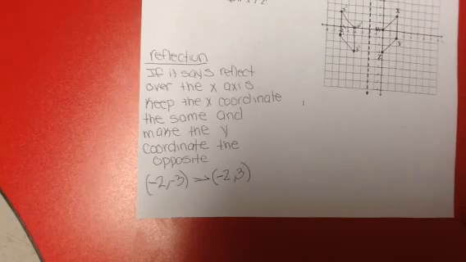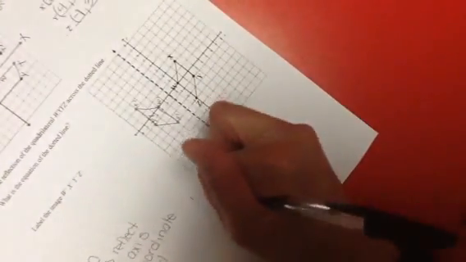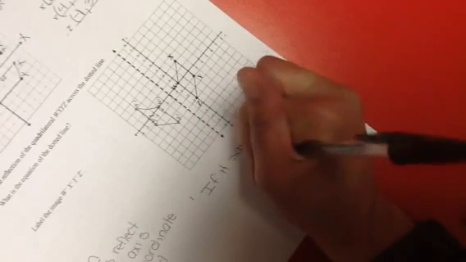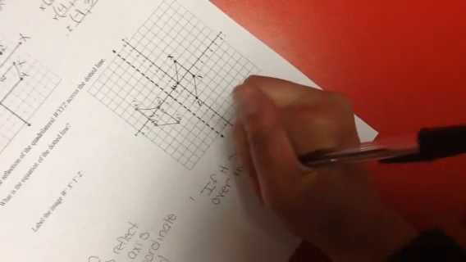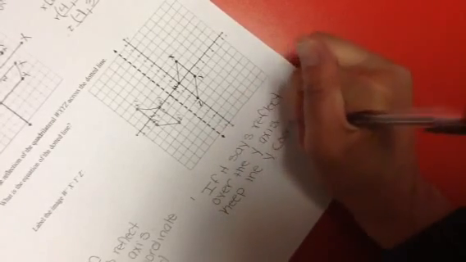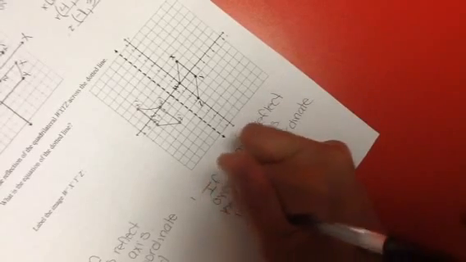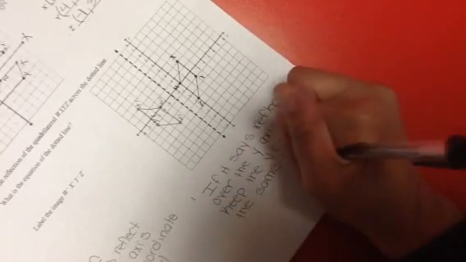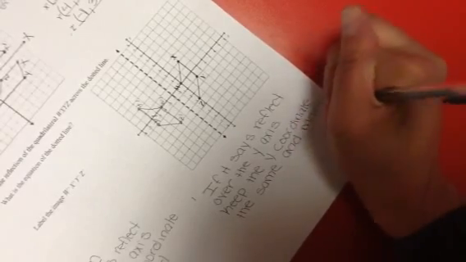Now, if it says reflect over the y-axis, you would keep the y-coordinate the same and make the x-coordinate the opposite.